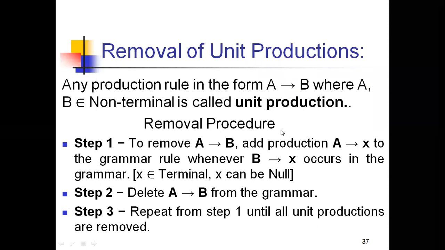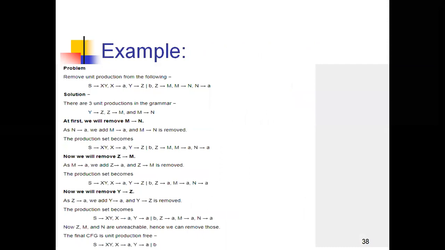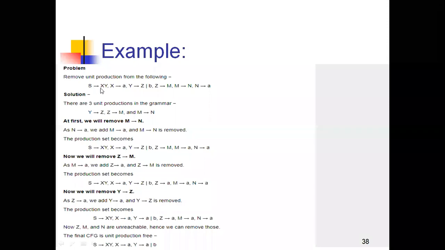And now let's see an example, then you can clearly understand the three-step procedure. The problem is that you need to remove the unit productions from the following grammar: S tends to xy, x tends to a, y tends to z or b, z tends to m, m tends to n, n tends to a.